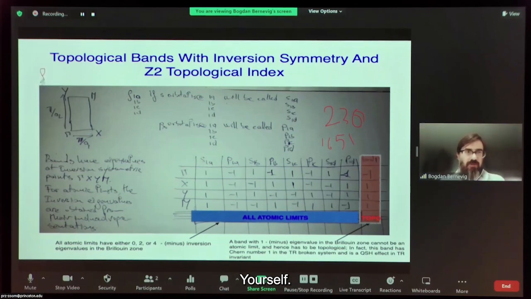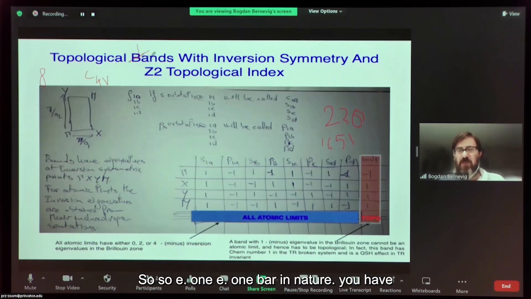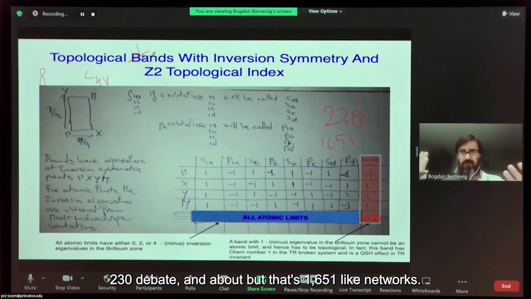So for example, if I have a C4 representation, and if I have C4 P, which means a 4-fold rotation axis plus a mirror plane, that will have, for example, a 2-dimensional representation where the px and py orbitals are in a 2-dimensional representation.